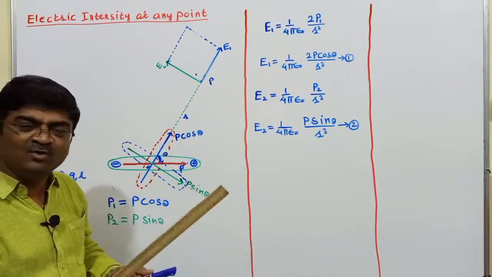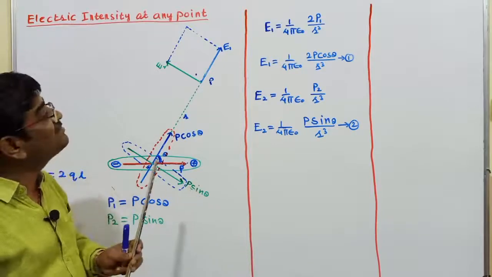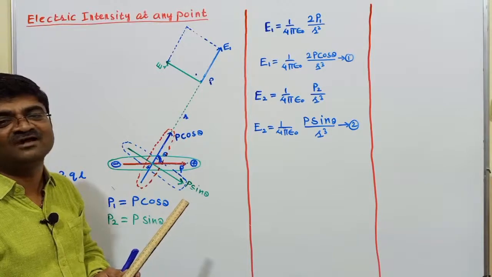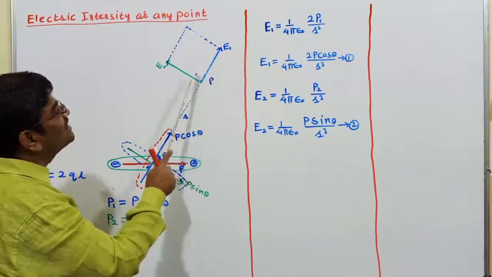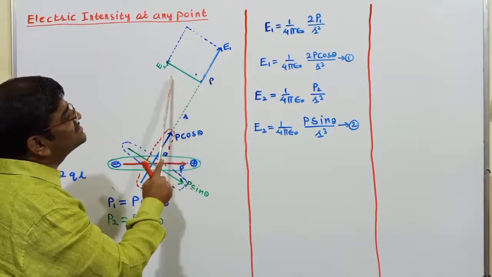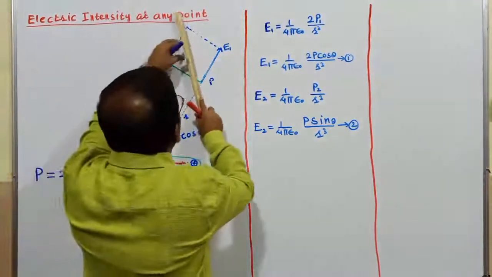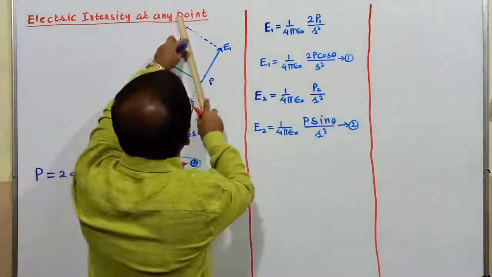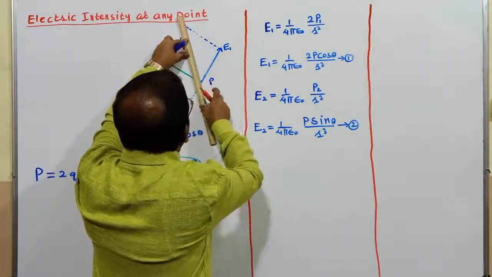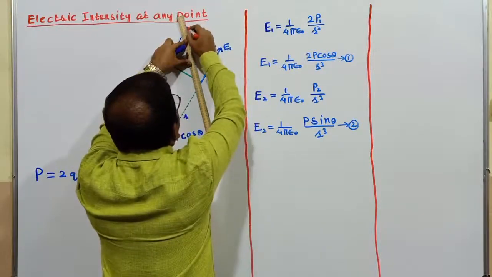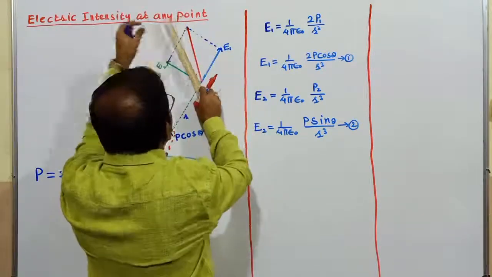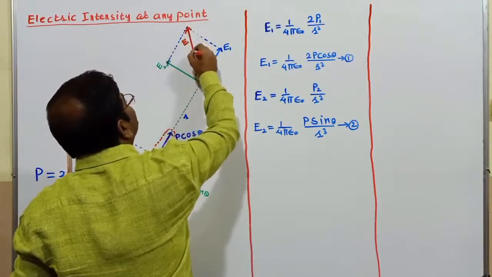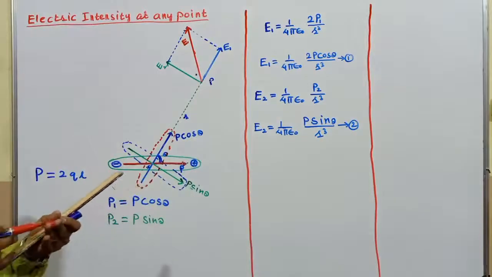The resultant, you all know in parallelogram law, is given by the diagonal drawn from the common point, because these two vectors are represented by the adjacent sides. So let me show that resultant here. So this is the resultant vector E, I can say. I have to find that E.